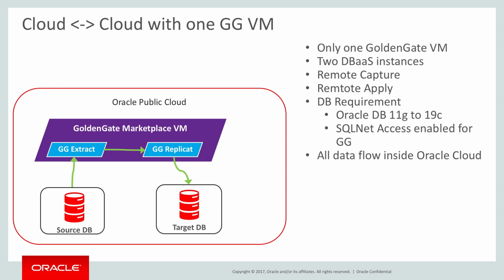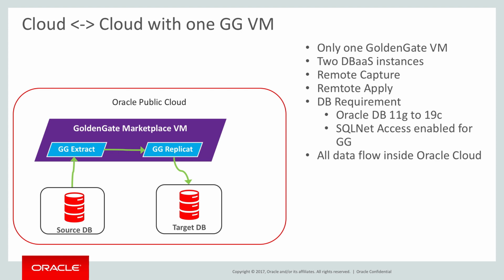So you do the remote capture, remote deliver. Of course, these two databases can be anywhere, right? They don't have to be in the Oracle cloud. It can even be on-premise or on a third-party cloud, as long as you can access those databases through SQLnet. So this is a quick overview of what I'm trying to do today.